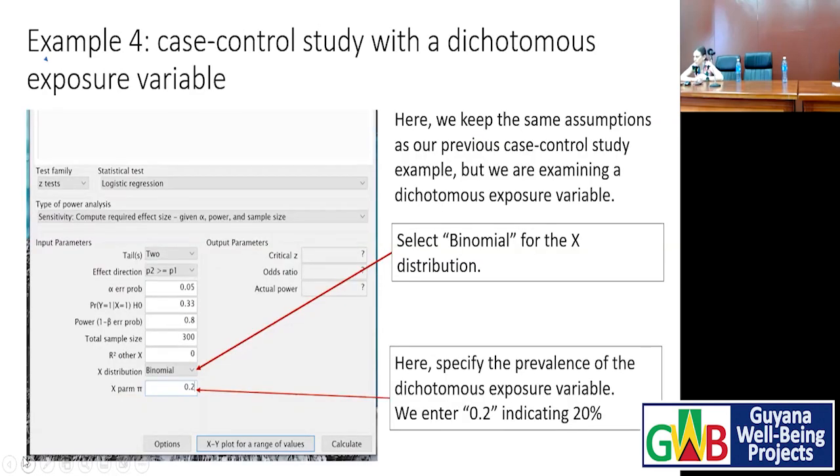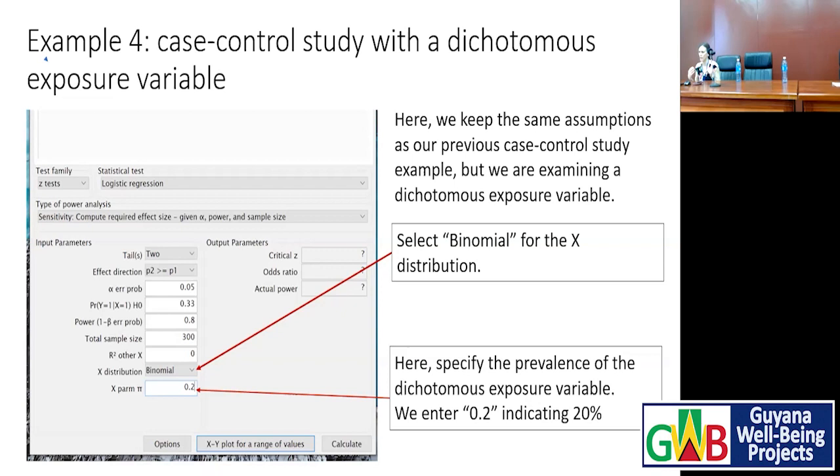Okay, let's see. So now what about a case control study with a dichotomous exposure variable? Here we're using the same test and effect size calculation. Let's keep most of the assumptions the same, thinking about the same hypothetical case control study.